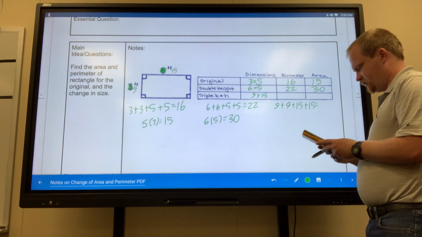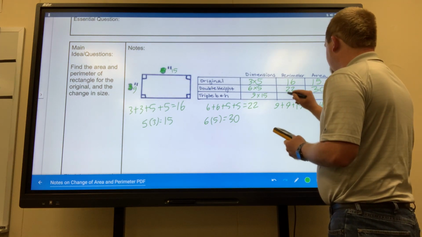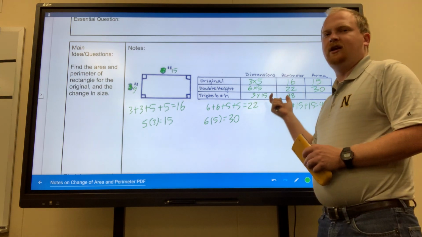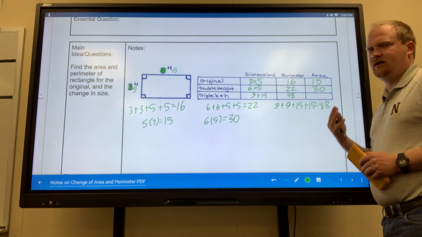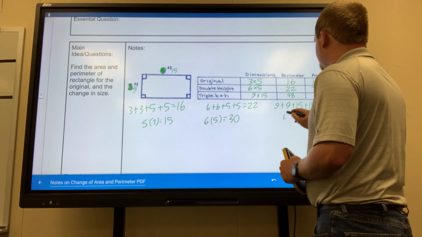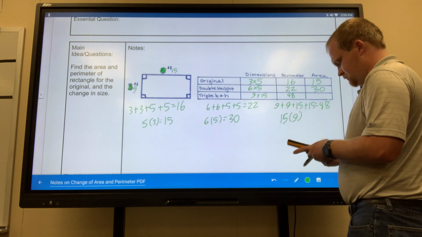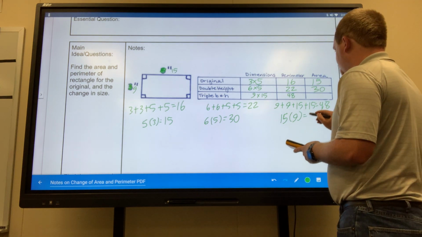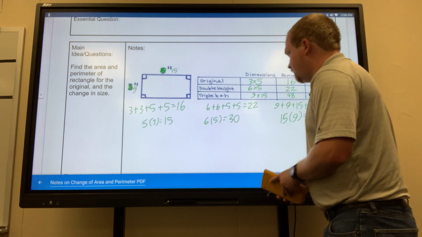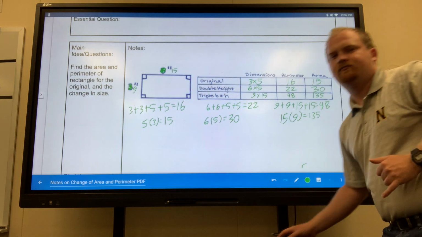So 15 plus 15 plus 9 plus 9 gives me 48. So the perimeter is 48. Now, again, to find area, we gotta multiply 15 by 9. And that gives me 135.